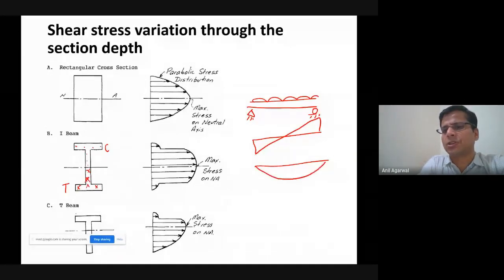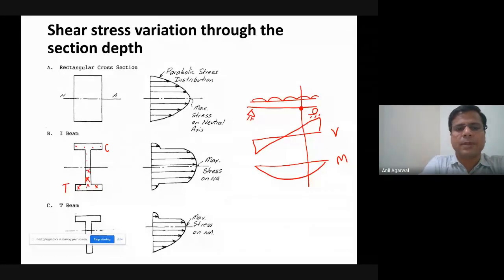Correct? So this is the shear force diagram. This is the bending moment diagram. Now, at any given point, let's say I look at this particular point. At this location, there is a certain shear force, and there is a certain bending moment.